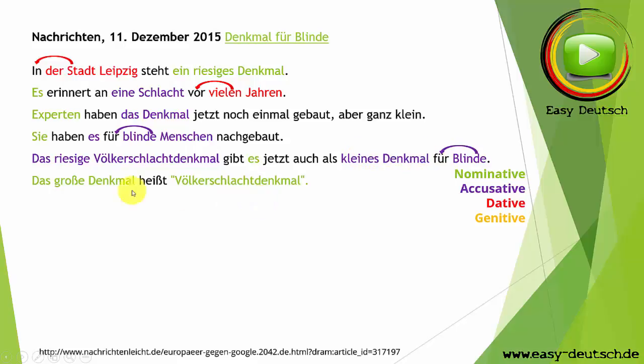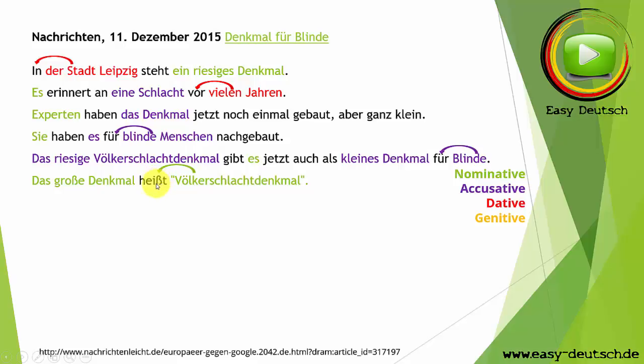Das große Denkmal heißt Völkerschlacht-Denkmal. The big memorial is called Völkerschlacht-Denkmal. Das große Denkmal is obviously the subject, but Völkerschlacht-Denkmal is nominative as well, because we talk about the same thing. And heißen is a verb like sein or bleiben.